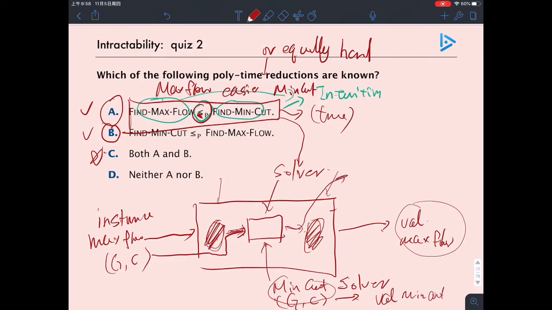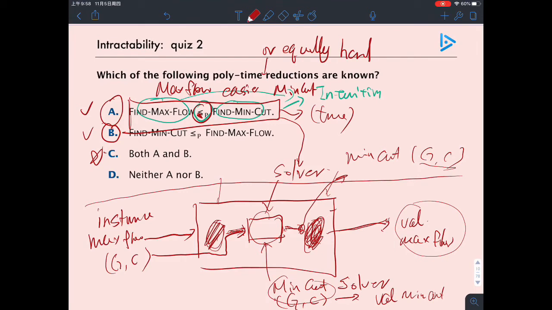The solver gives us the number, the min cut of the graph with the associated capacity function, so it will output a real value. We also do not need to manipulate the real value. Whatever output comes from the solver is also the output of our max flow. This is the high level structure of what we are doing.